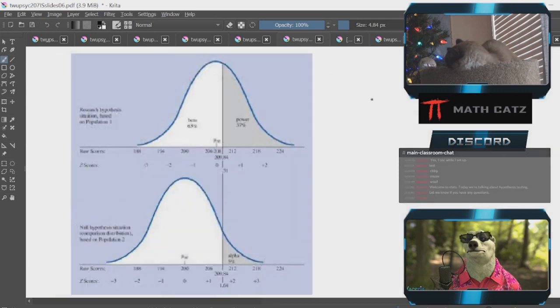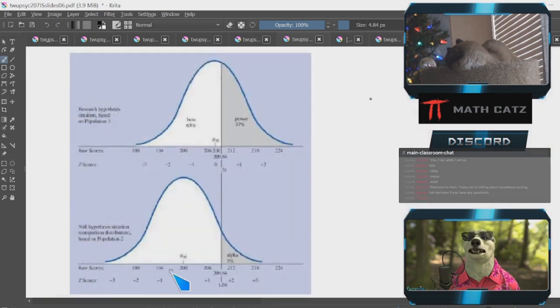So we start with, let's say, the reference, the base comparison distribution. See where the cutoff is based on alpha. Then if the research hypothesis is true, I know it's blurry, then our true distribution is actually sitting around our predicted sample mean.